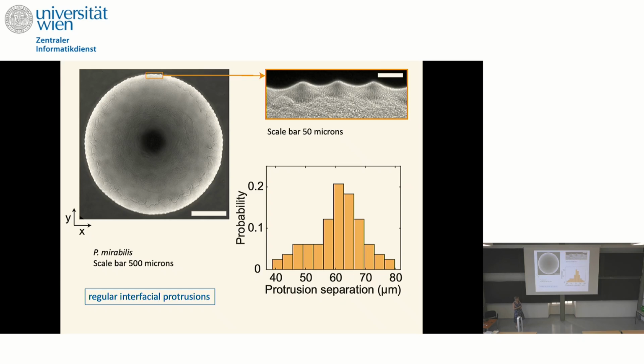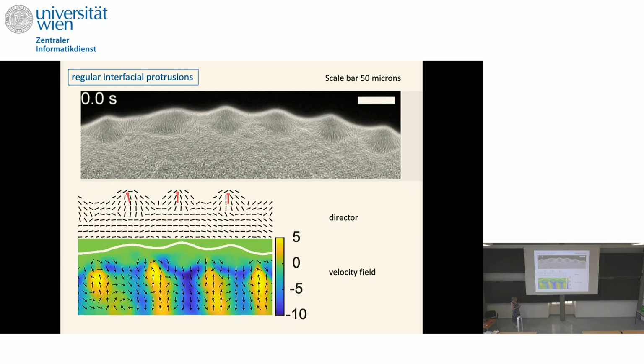And if you do the simulations, what you can see is that you get this active instability forming at the interface. And so you get regularly spaced protrusions sticking out. The ordering within the protrusions looks like +1/2 defects, right? These things are like +1/2 defects. And so that means there are going to be forces pushing them outwards.